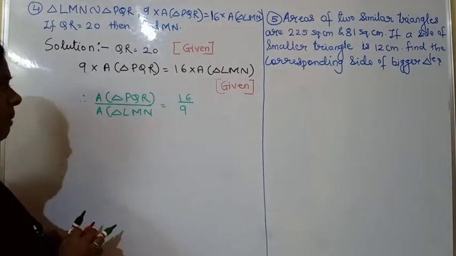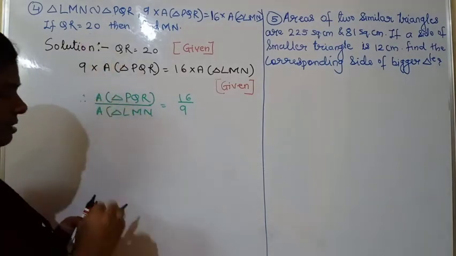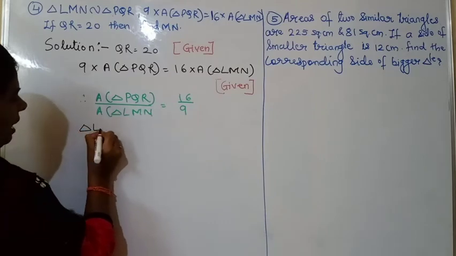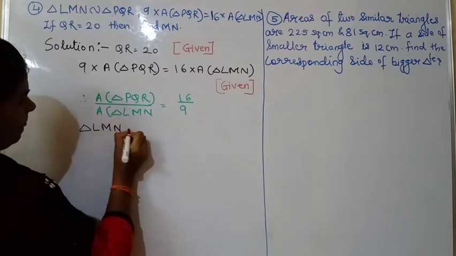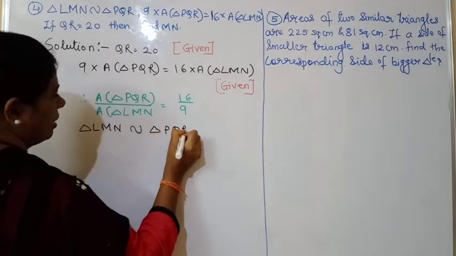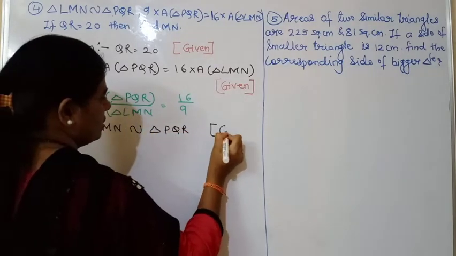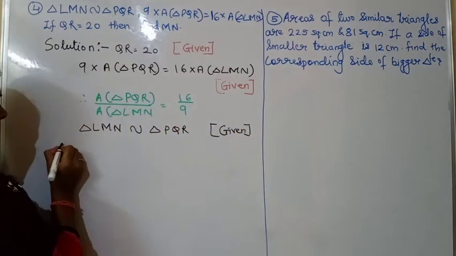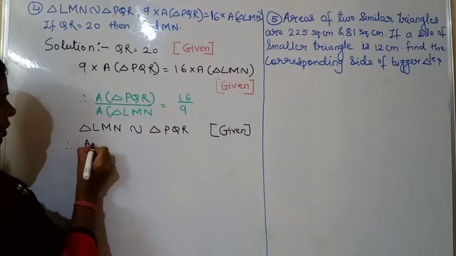Now as all of you know, by the theorem, as both the triangles are similar, okay, so we will write here that triangle LMN is similar to triangle PQR. Okay, this is already given. Okay, therefore by the theorem on equal ratios, what we will get?